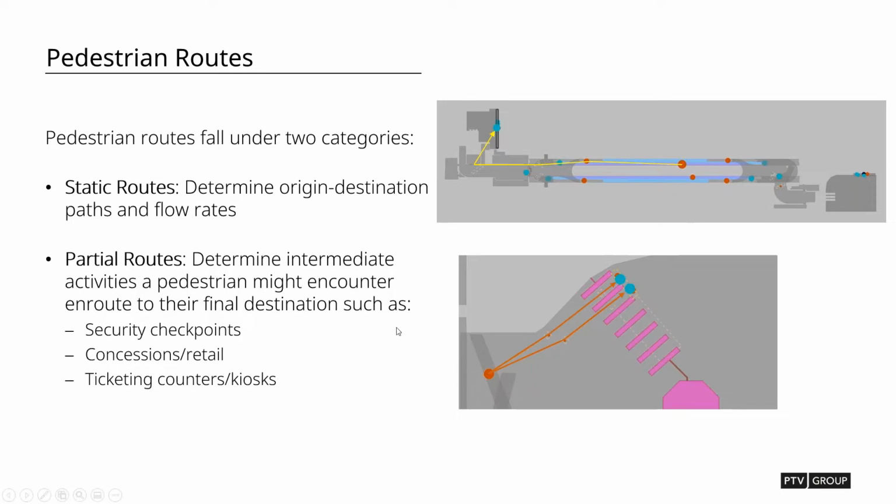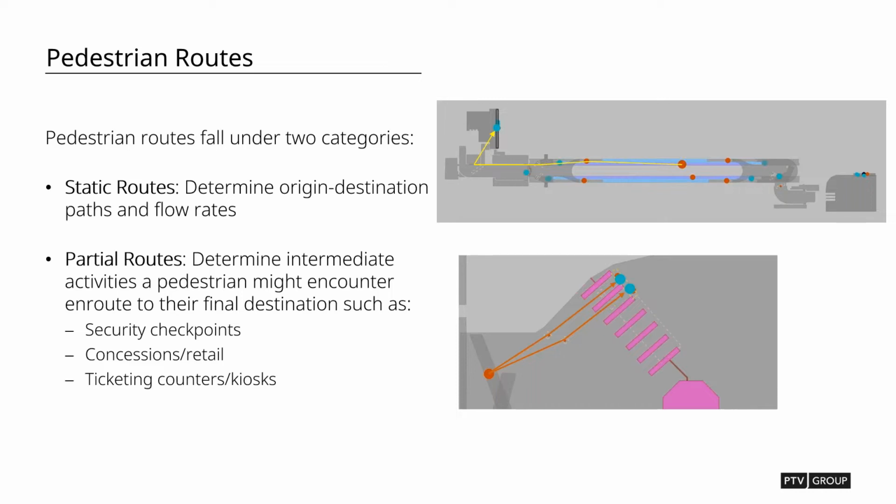Now, in between, we might have some tasks or events that we want the pedestrians to be doing on their way to their destination. So think, okay, you get dropped off at the airport, right? You're dropped off at the curb. You might know where your gate is already, but before you get to your gate, you have to go check in your bags, and then you have to go to security, and then you might stop at some convenience stores or kiosks in the concourse once you get through security, right?